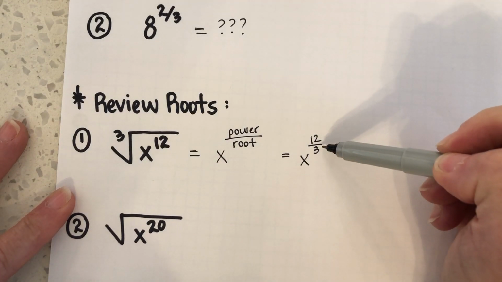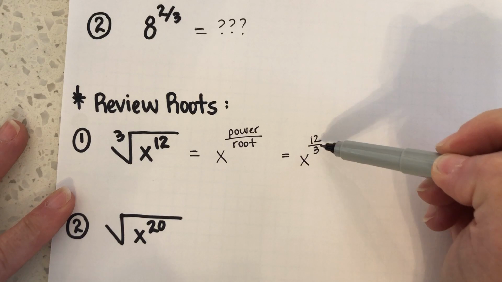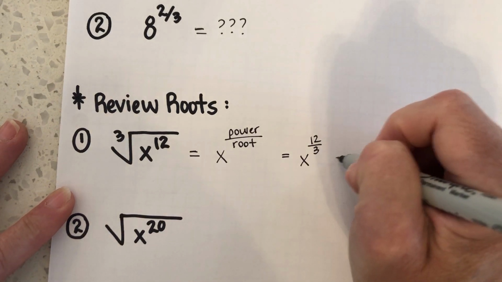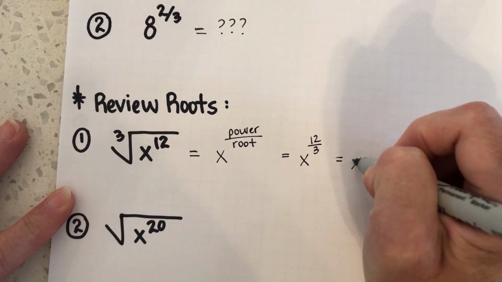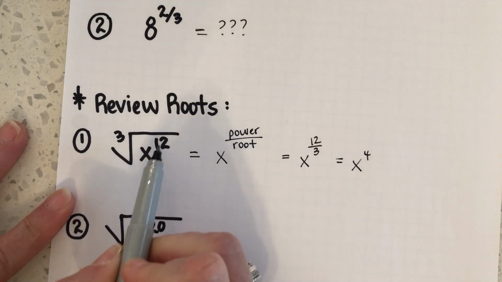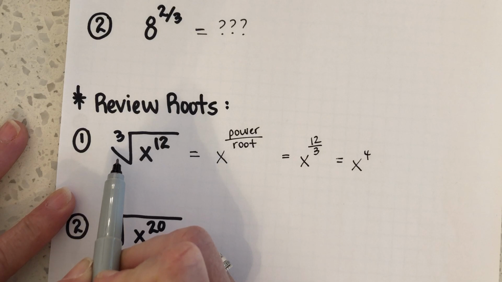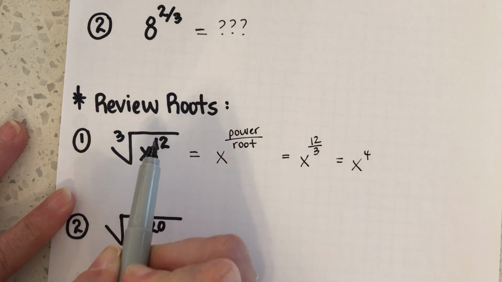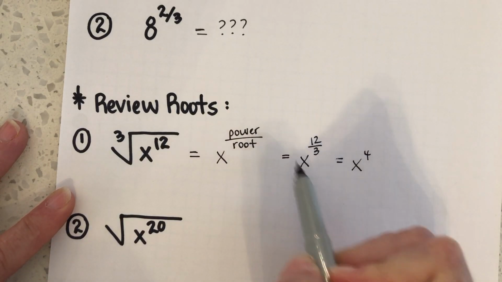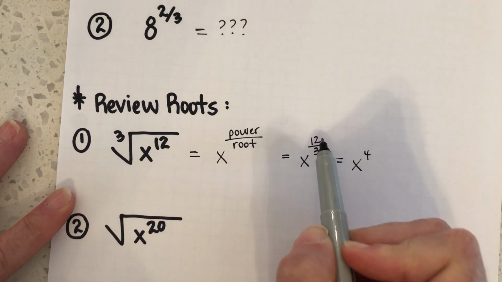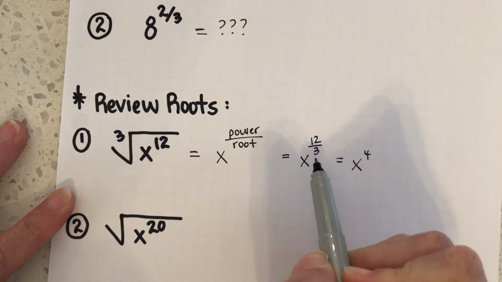And the fractional exponent was made up of a power divided by a root. And then that became x to the 4th. So technically, when you are dealing with fractional exponents, they're going to turn into a root and a power, because that's what the fractional exponent is made up of. It's made up of a power divided by a root.